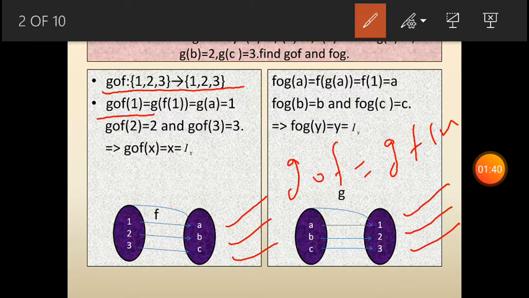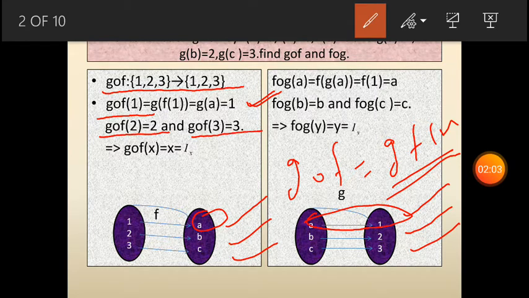So gof(1) is g(f(1)) according to this definition. f(1) is a, so we write g(a), and g(a) is nothing but 1. So our first result is 1. Similarly, the second result will be 2 and the third result will be 3. So gof(1) is 1, gof(2) is 2 and gof(3) is 3.